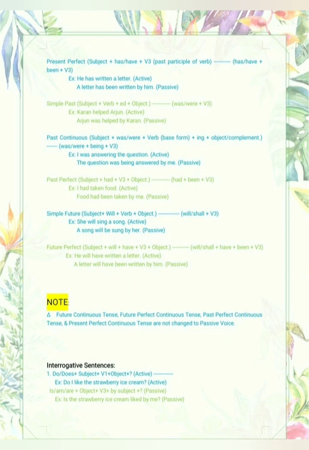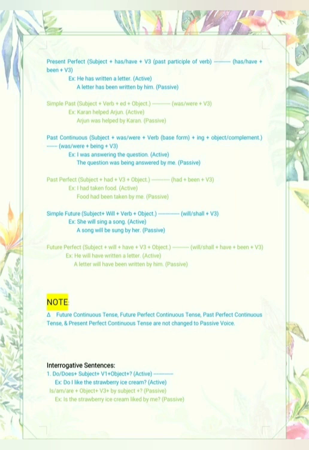Now coming to the interrogative sentence. When we get an interrogative sentence in active voice, what will we do? Interrogative sentence means question, asking a question. So when the sentence starts with do or does, then subject, then V1 form plus object, that means it is in active voice. How will we change it? Let's see.